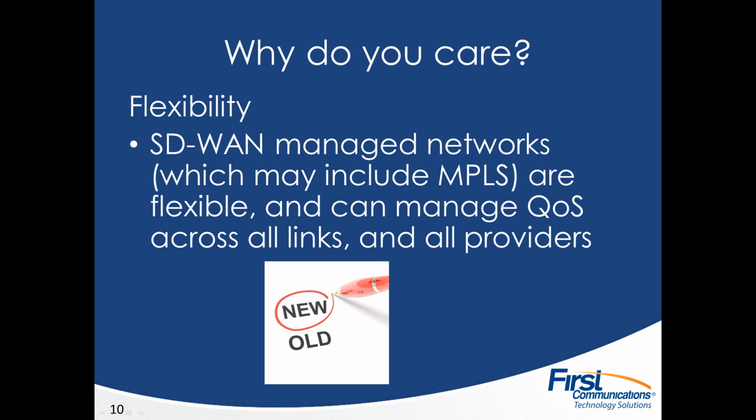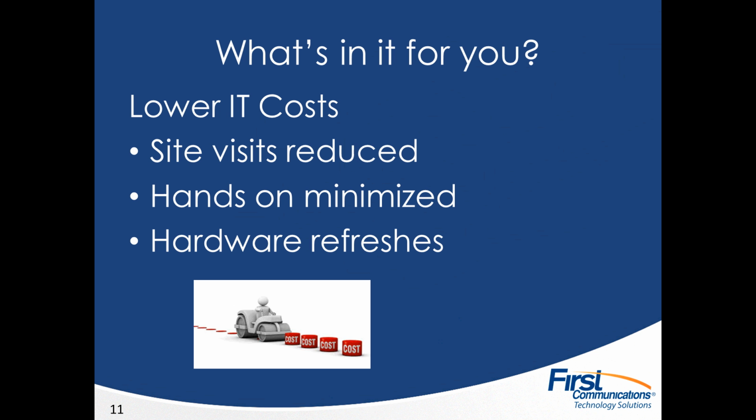While you can control quality of service on your MPLS network, it's much harder to support multiple network types and manage QoS over the whole thing. SD WAN can do that for you. Capital expenditure is significantly reduced by replacing expensive network hardware with SD WAN software and low-cost appliances when you bring on your new sites.